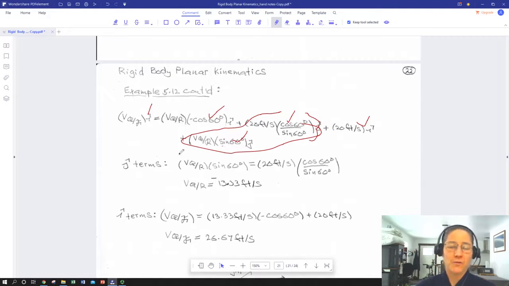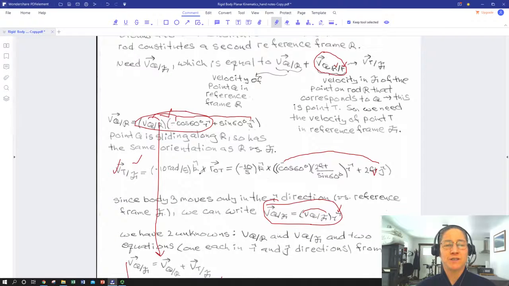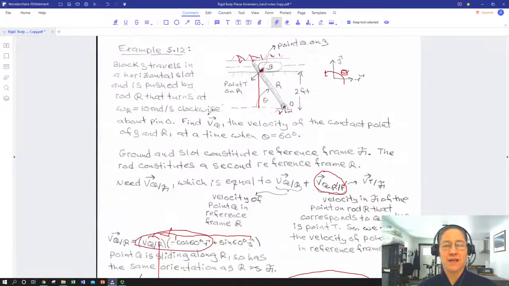So we end up from our j hat terms, and this is j hat in the fixed reference frame. Remember, this is the bearing reference frame that has the hinge and the slot. We find that VQR is actually negative. So let's see how we defined that back up here. We had defined VQR as going in the negative i hat direction, so we had assumed that it was going kind of out this way.